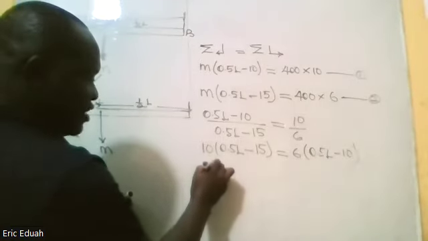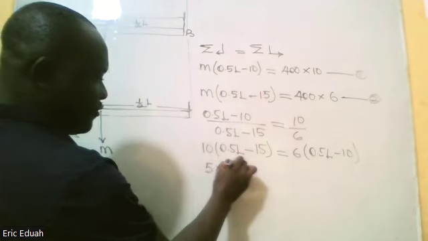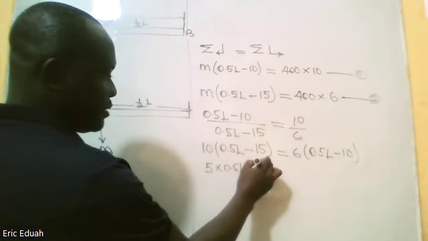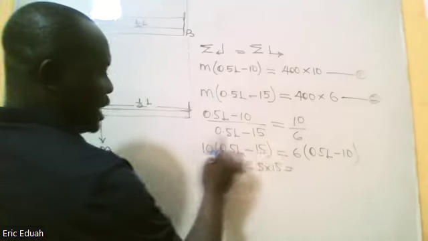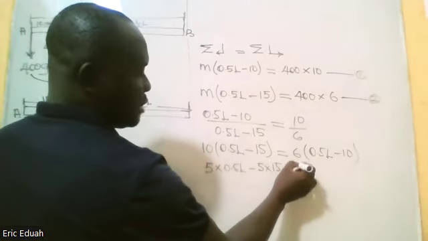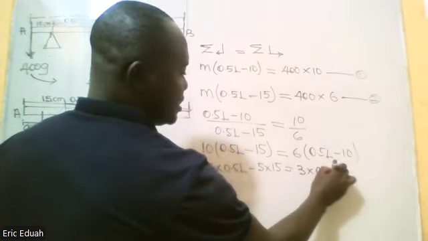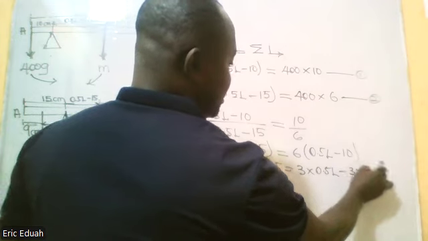So 5, when we divide 2 by 2, 5 by 0.5 L minus 5 by 15 is equal to, dividing 2 by 2, this would also be 3 by 0.5 L minus 3 by 10.